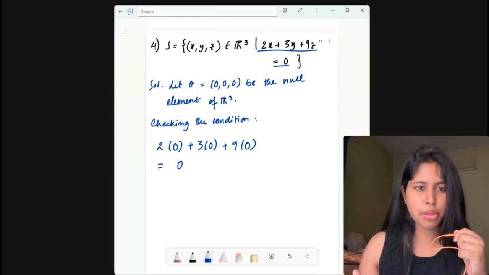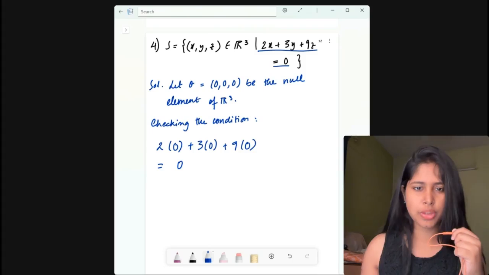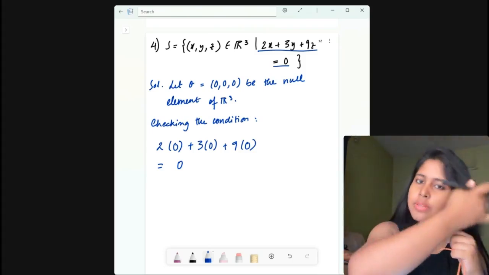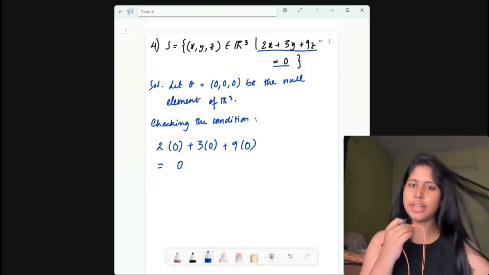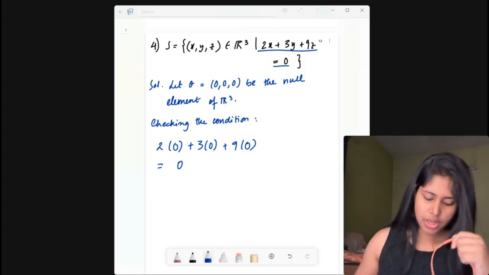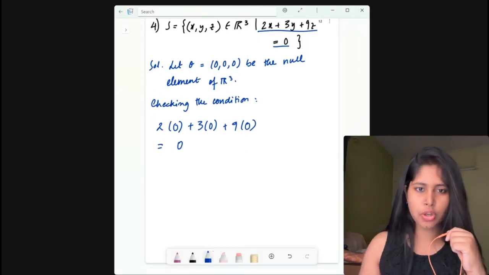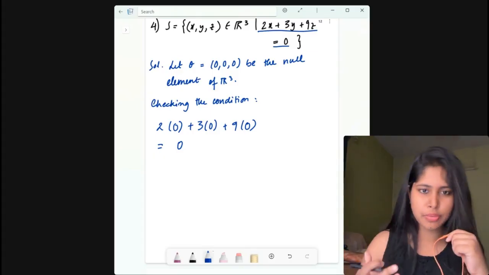So what is step number 2? Step number 2 is closure under addition. That was the second property. So now you have to take two vectors, alpha and beta, in S. But first, for the first part, you have to write the following steps also.